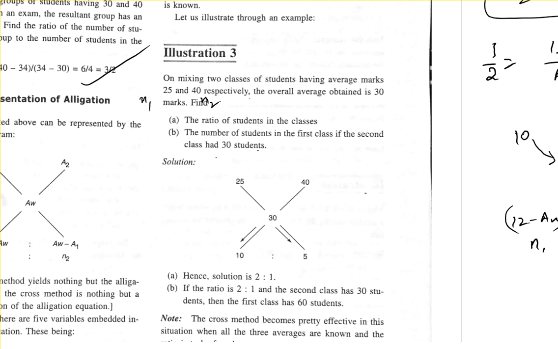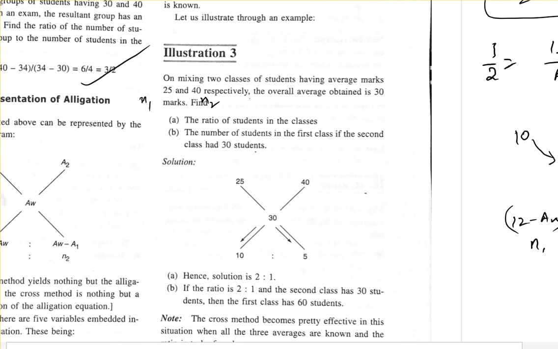Okay, so 25 and 40 are the average marks of the classes, with N1 and N2 students respectively. When combined, the average is 30.